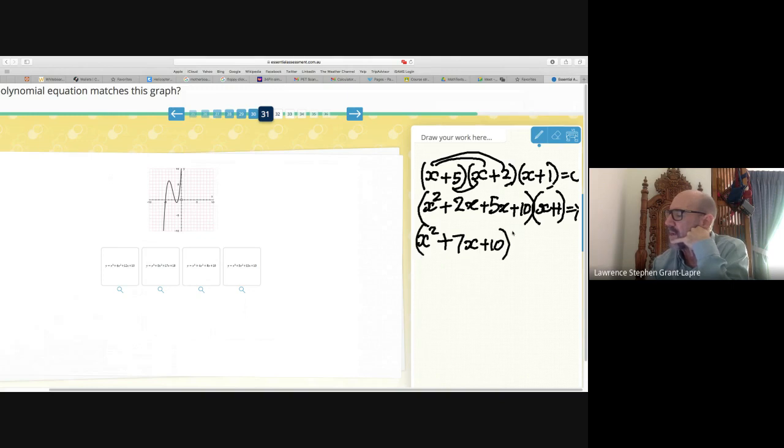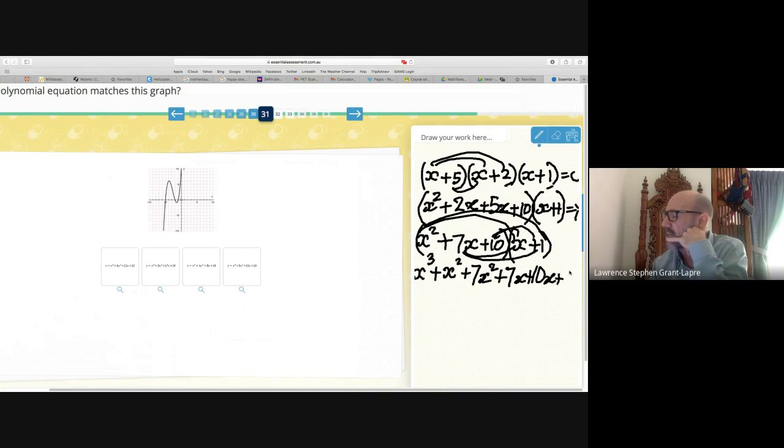When we expand that, we get x cubed plus x squared plus 7x squared and 7x plus 7x plus 10x plus 10.